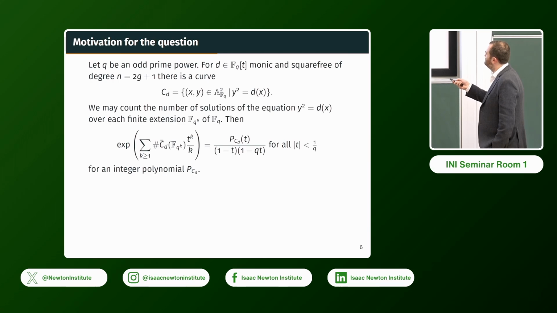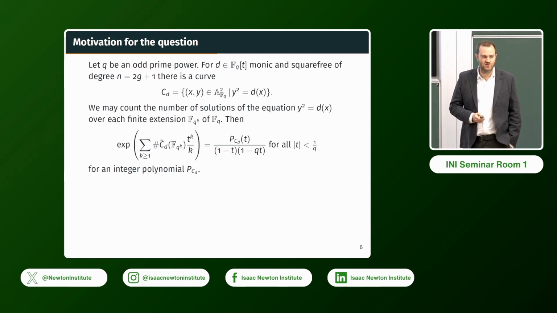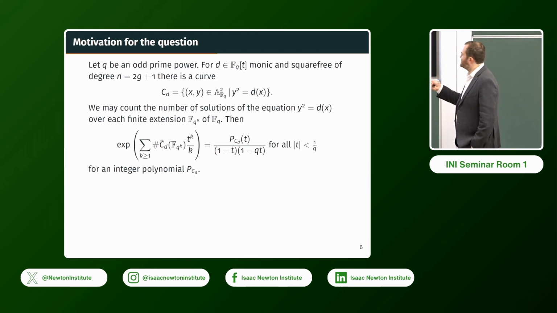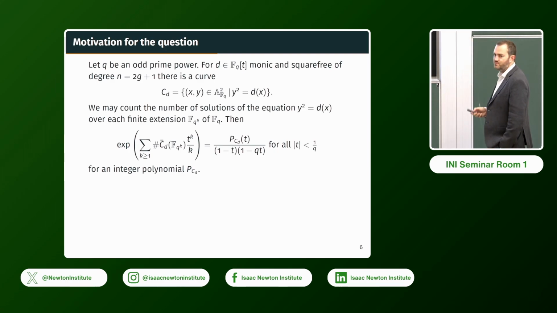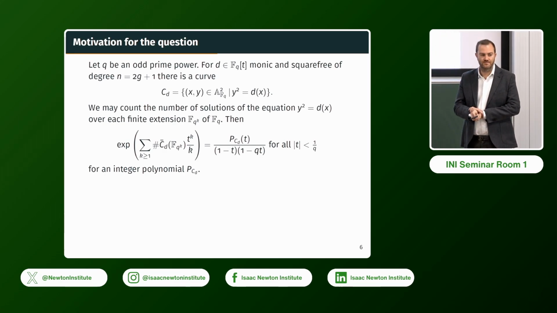So because this number, whatever it is, is less than q to the 2k or something, this thing inside has a non-zero radius of convergence. And so its exponential also has a non-zero radius of convergence, and it turns out to be |t| less than 1 over q. Okay? So the left-hand side, at least on some region, is a holomorphic function of t.